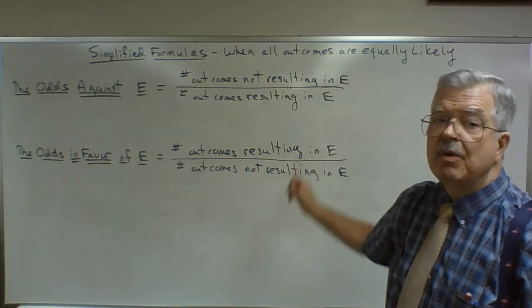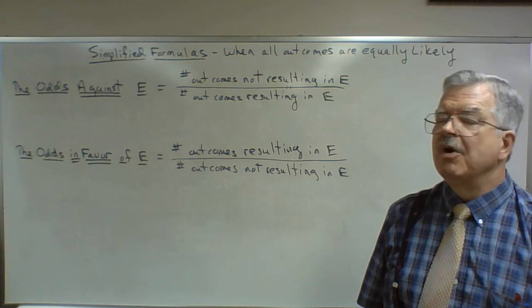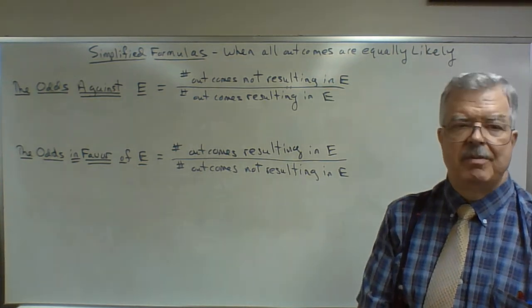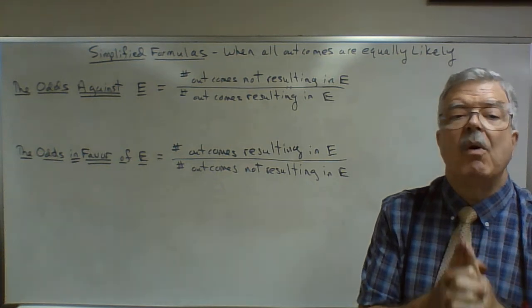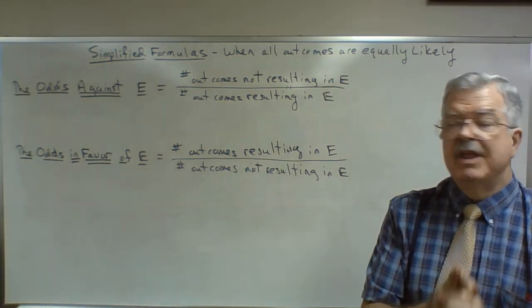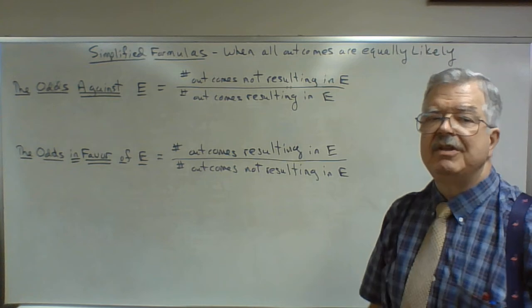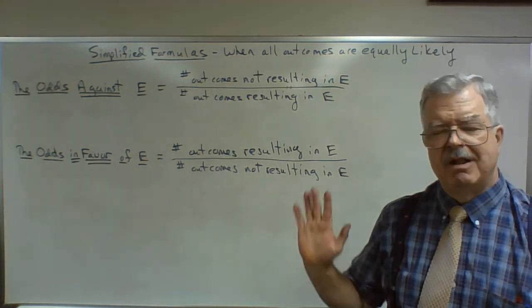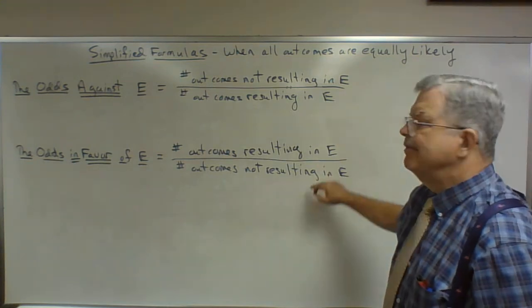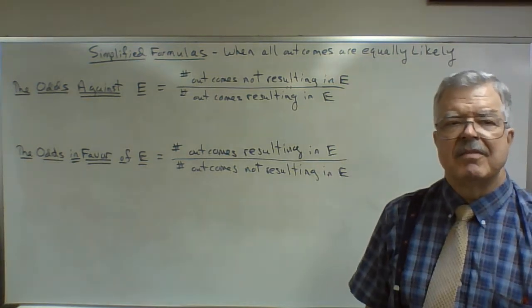These formulas don't always apply. So if we're satisfied using the formulas that we already have, those formulas always work, and we don't need to use these formulas. I'll show you the formulas anyway. I'll use each one of these in an example.